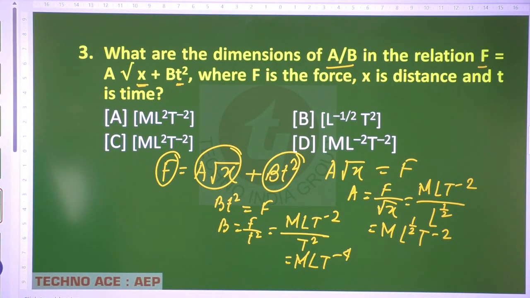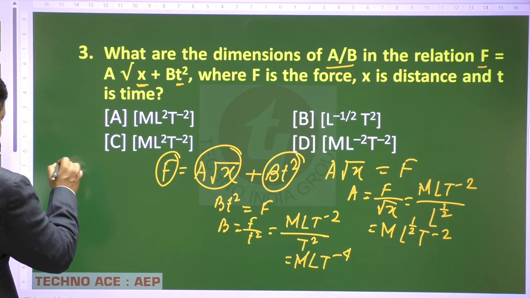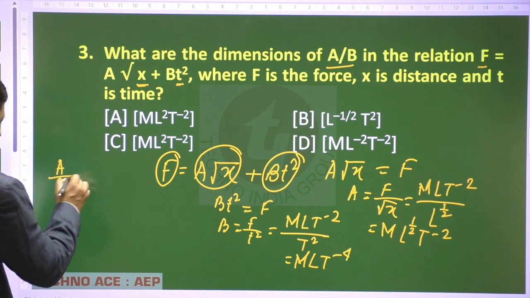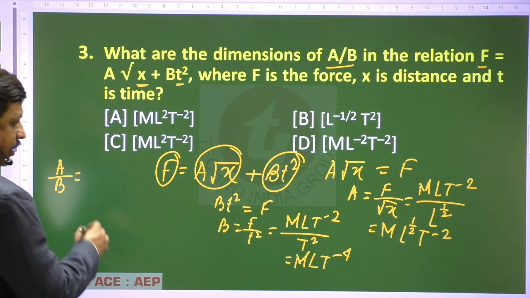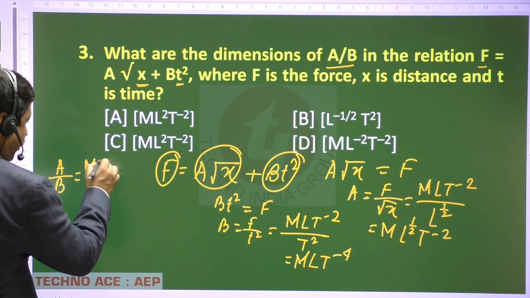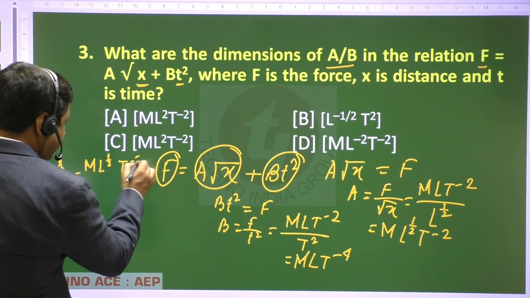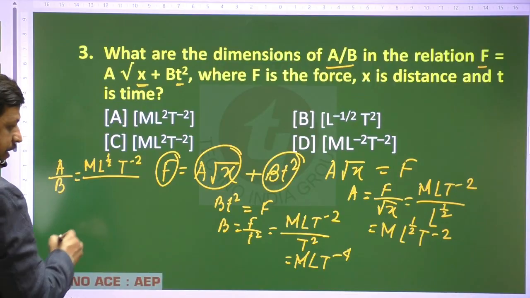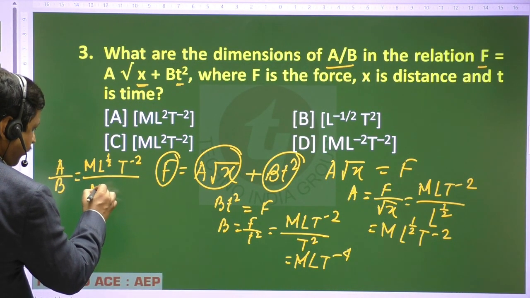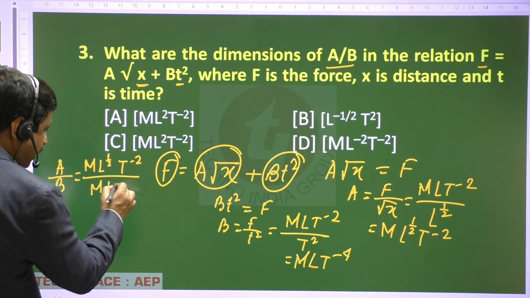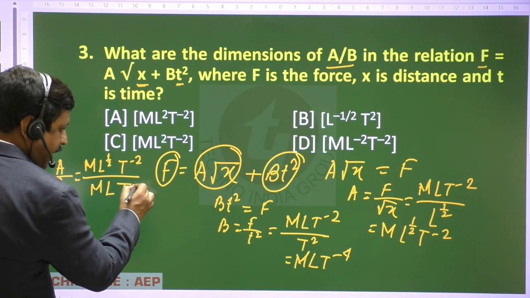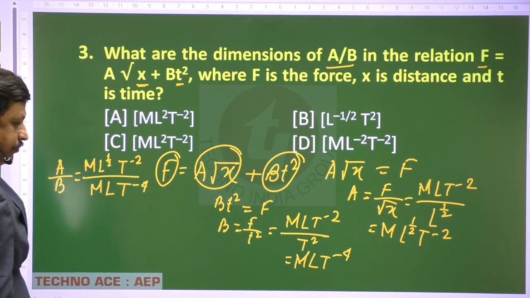So what is the dimension of A by B? The dimension of A divided by B. A has dimension m L to the power half t to the power minus 2, and B has the dimension m L t to the power minus 4, right?